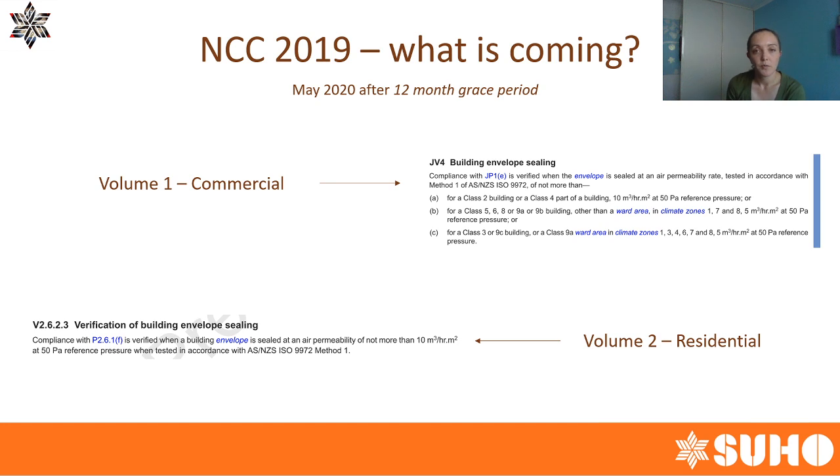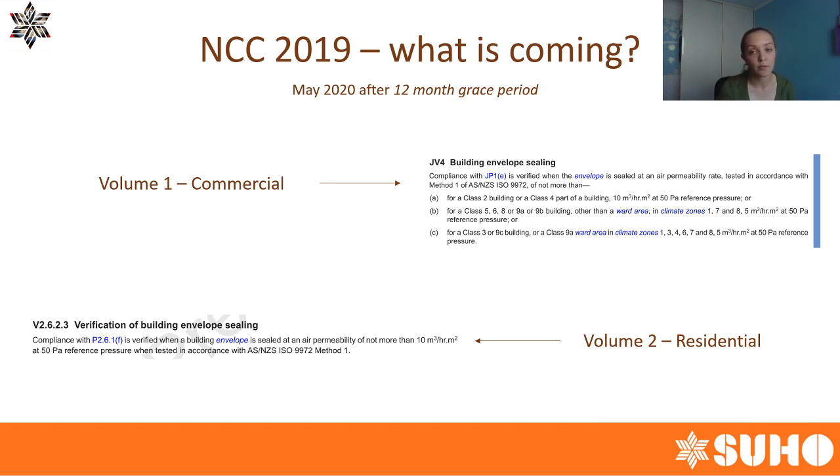National Construction Code 2019. So this building code, as you are probably all aware, was introduced on the 1st of May last year. We have been given a 12-month grace period, which runs out on the 1st of May this year, which is in 4 weeks, a month from today. It's a very positive sign that blower door testing or air tightness testing has been introduced into the building code.